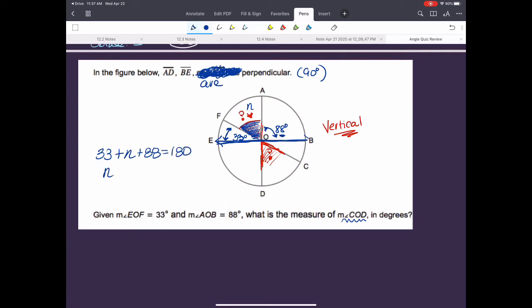So 33 plus N plus 88 equals 180, and then you get N plus 121 equals 180. Take away 121 from both sides, and you get N equals 59. If N equals 59, so does this angle right here. So the measure of COD is also 59 degrees.